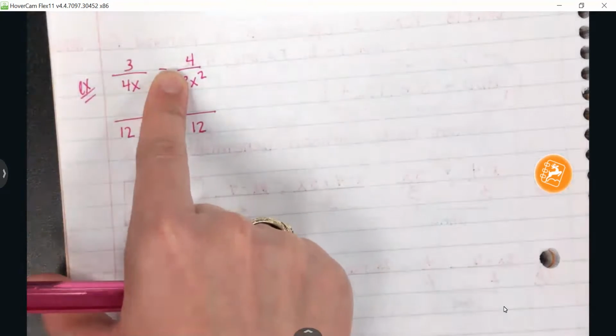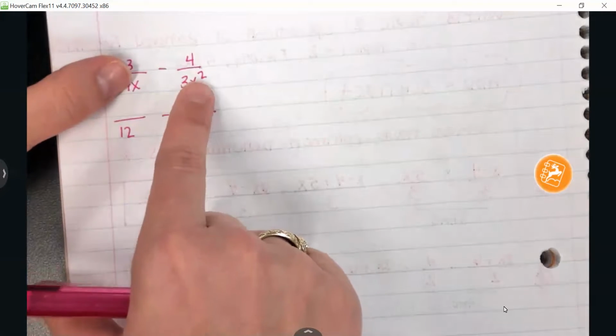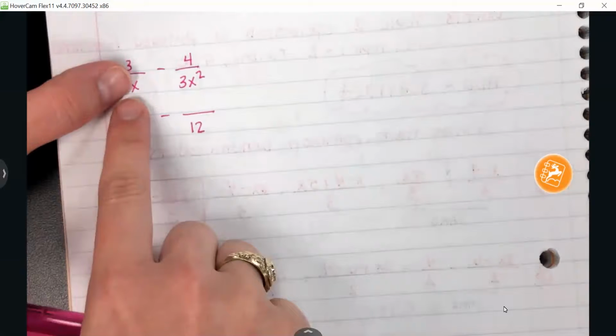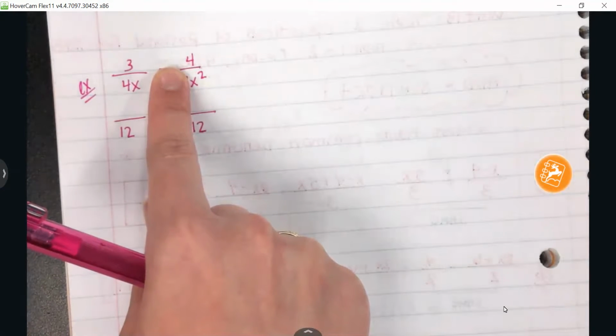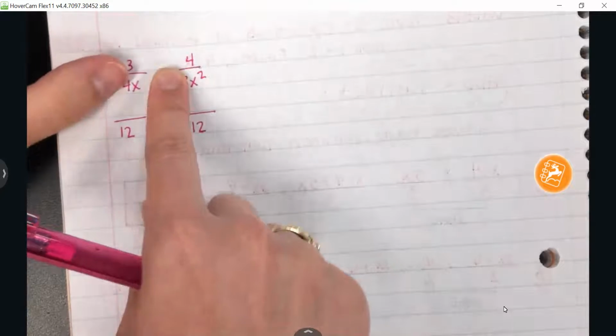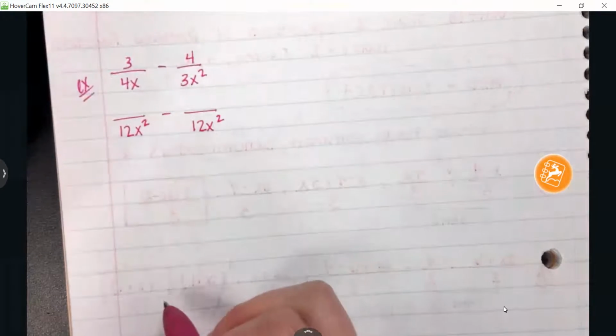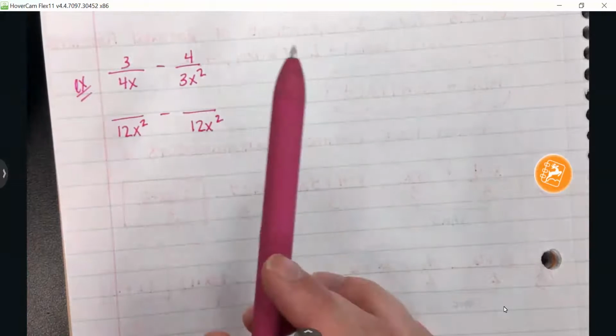When we find the lowest common denominator, I can't take things away. So if my biggest exponent is a 2, that means I have to at least have that in my denominator, if not bigger, okay? So if I have 1x and you have 2x's, what's the number we will have the same? That's the biggest. It'll be 2x's, so it'll be x squared. So they have to both have at least an x squared, okay?